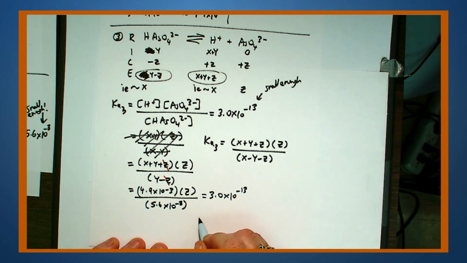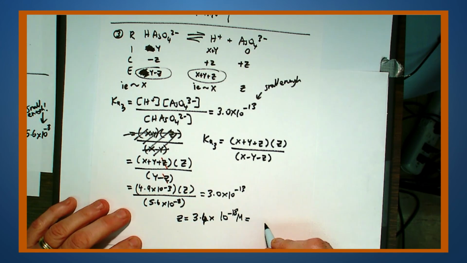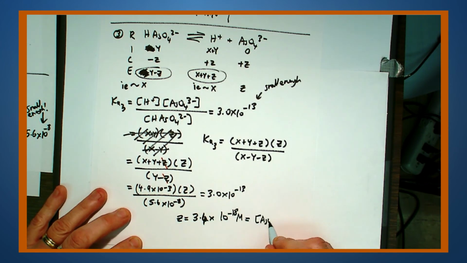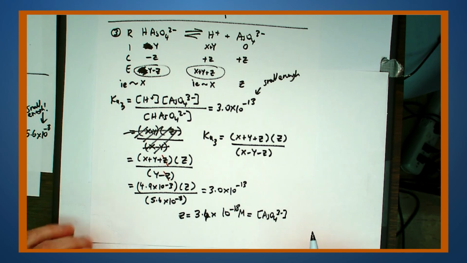And what we get is that Z is equal to 3.4 times 10 to the minus 18 molar. So that is the concentration of AsO4 3- at equilibrium. In other words, it's pretty darn small.